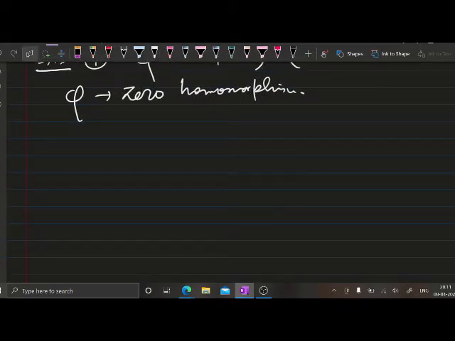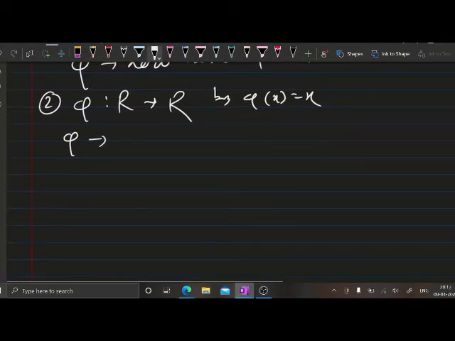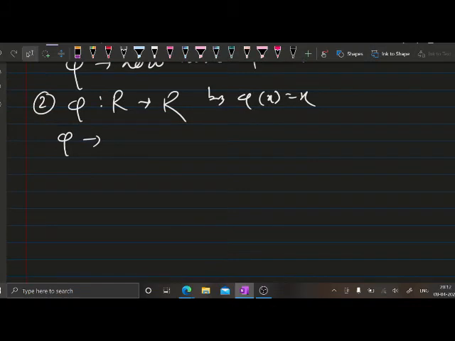And again, if you take any ring, then the identity map, phi(x) equal to x, is again a ring homomorphism, which is called the identity homomorphism.